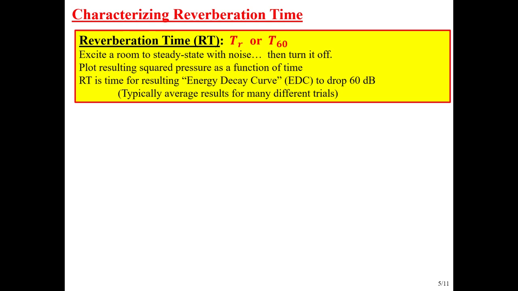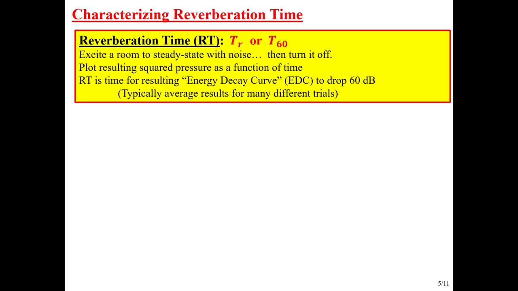So the idea is you go to a room, you put a source in the desired source position, you put a microphone in the desired listening position, and then from that source, typically a speaker, you put some steady state noise there, some white noise perhaps.